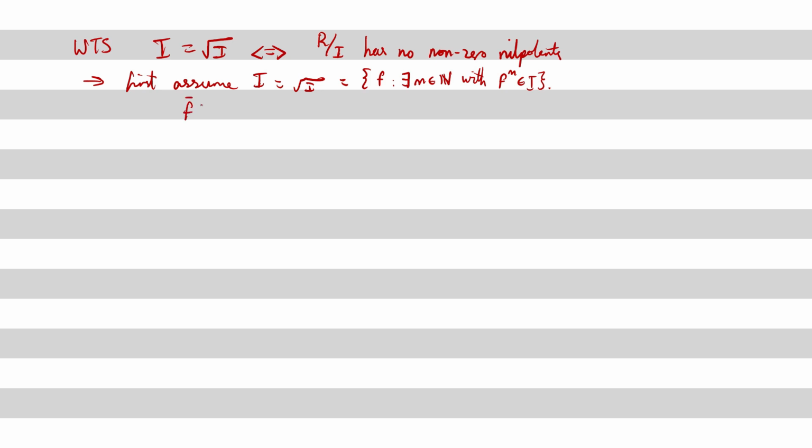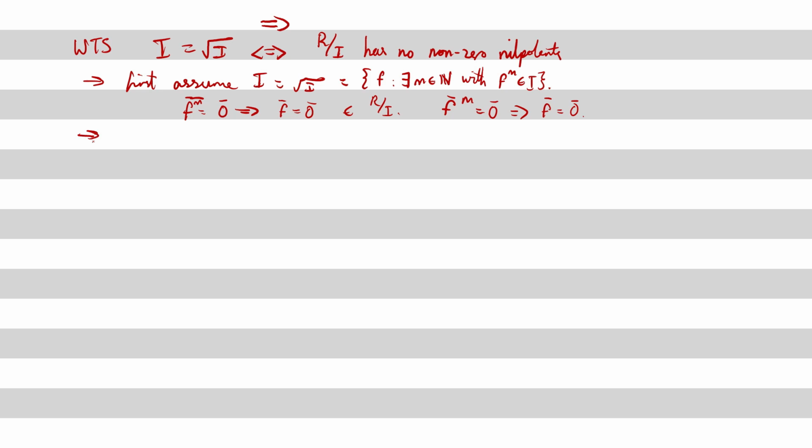So f to the m equals 0 implies that f equals 0 within R over I. What this essentially means is that any nilpotent element must therefore be 0. Therefore we have shown this direction.